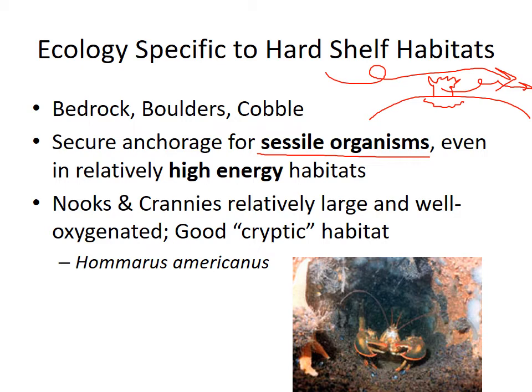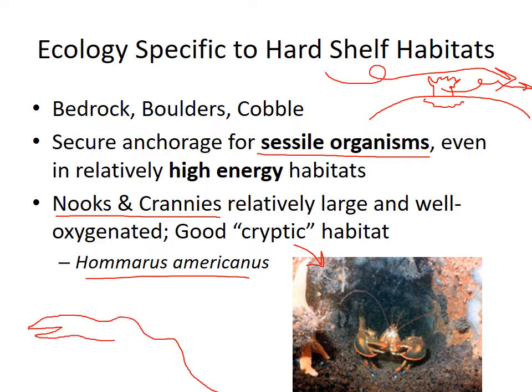Also, if there's big chunks of bottom in a sea bottom habitat, that means that there's big spaces between the chunks, and those nooks and crannies are large and well oxygenated and good hiding places for relatively large hiding organisms like this Homarus americanus, the American lobster. There are other types of fish that might like to live between the chunks in the rock, like a moray eel.